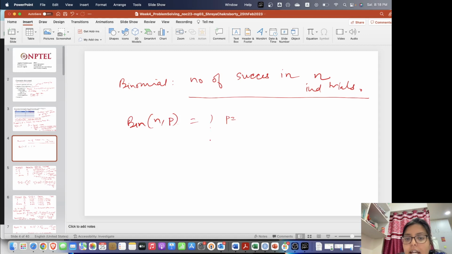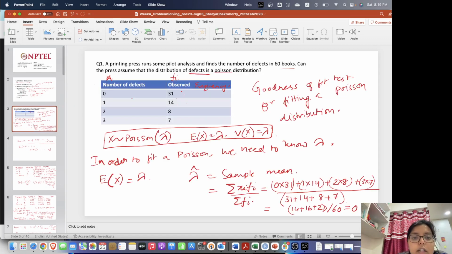If X is binomial, it can take values from 0 to a certain n, the total number of times you are tossing the coin. But for the number of defects, it can be infinite also. There is no upper bound to the number of defects in a book.